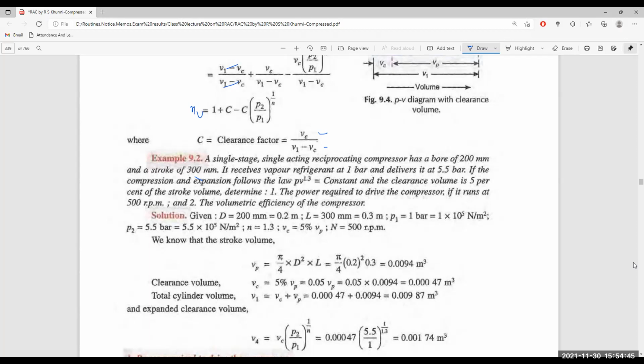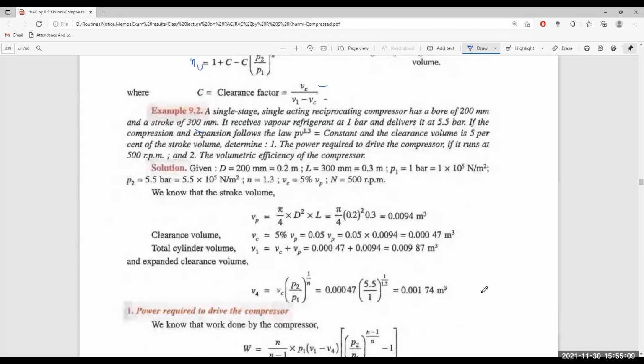The total cylinder volume V1 is clearance volume plus swept volume, which is 0.00047 plus 0.0094, equal to 0.009987 meter cube.